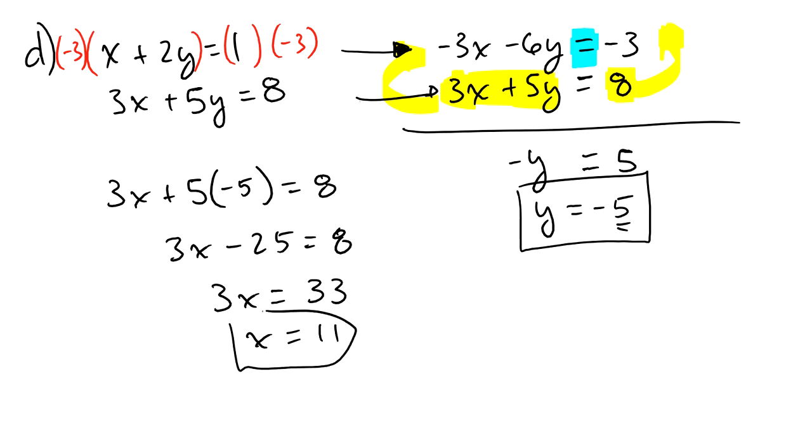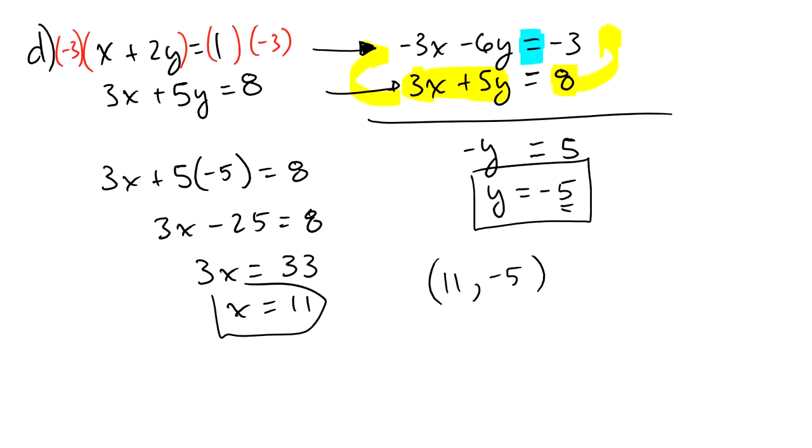So our solution is, let's see, 11 comma negative 5. 11, negative 5. And you know what? For that one, how are we going to check it? Let's just check it by plugging that in. So in the top equation, I've got an x... Oh no, x is 11, my bad.